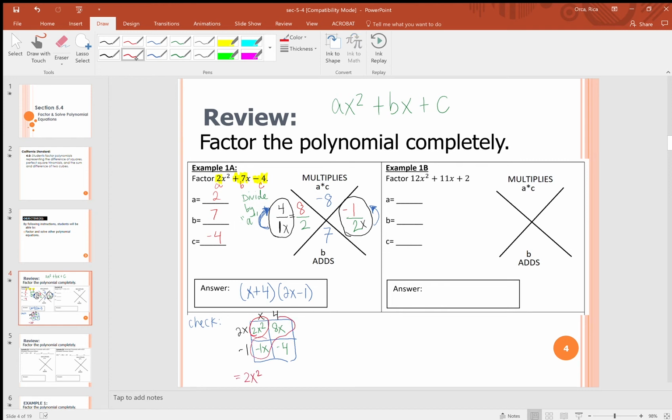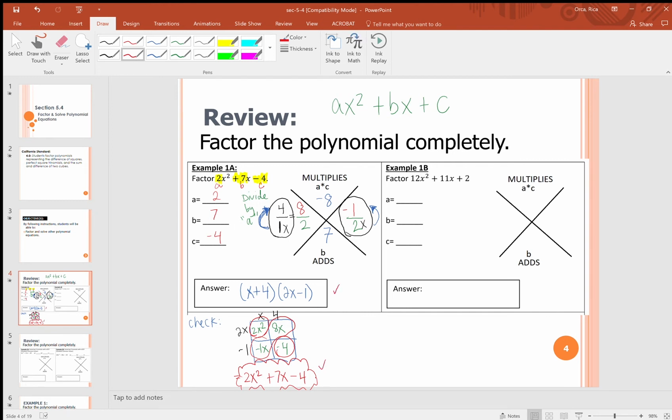Negative 1x plus 8x is 7x. And then we have the minus 4. And notice how when we multiplied our two factors, we got 2x squared plus 7x minus 4, which is the original problem. Therefore, x plus 4 times 2x minus 1 is correct, and this checks.